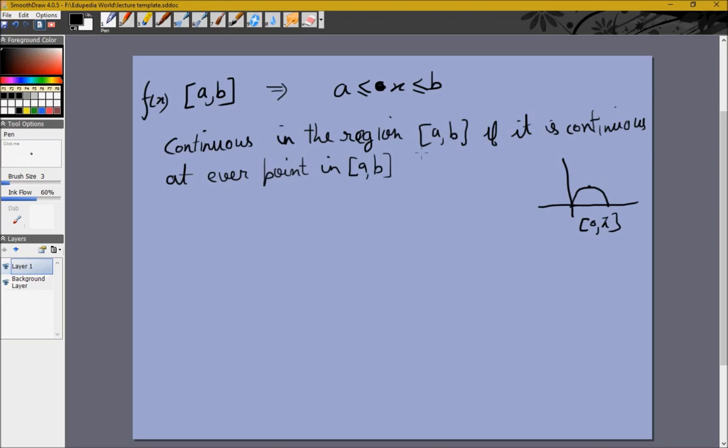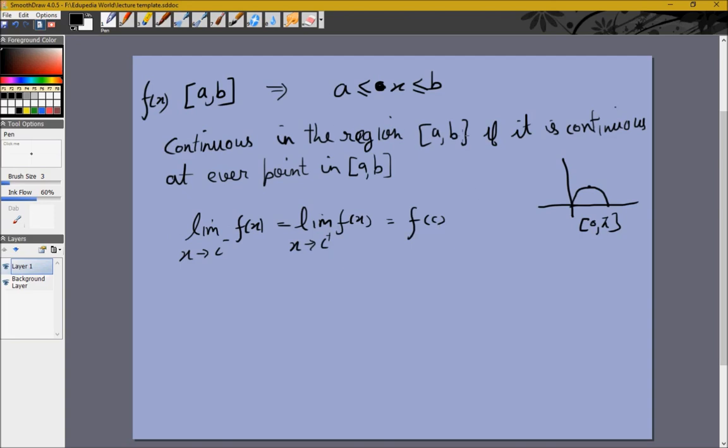Let's say c is a point between a and b. Then for f to be continuous at c, limit x goes to c minus f(x) should be equal to limit x goes to c plus f(x), and they both need to be equal to f(c). If this is true, it is continuous at c, which is a point between a and b.